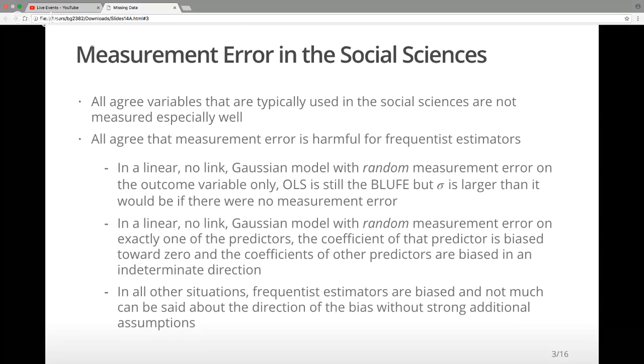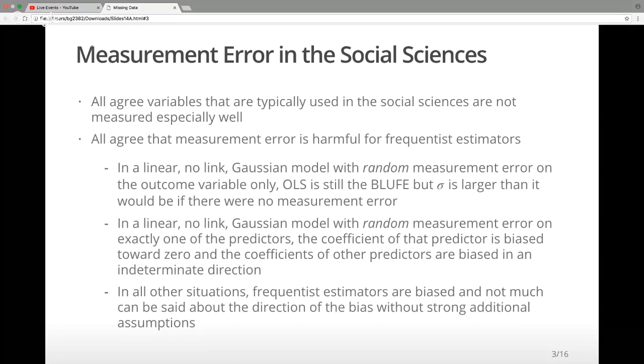It could go either way, could be big or small, and there's just not really a whole lot that you can say about it, either before seeing the data or after seeing the data, unless you make some pretty strong and uncheckable additional assumptions about the nature of the error and how it relates to the collection of variables that you have in the model.